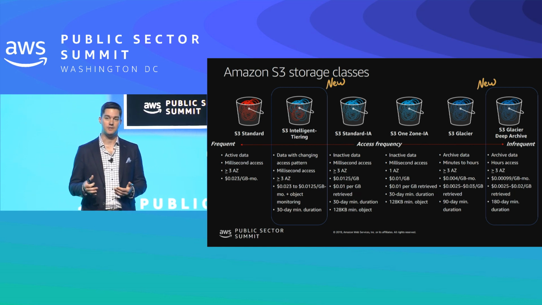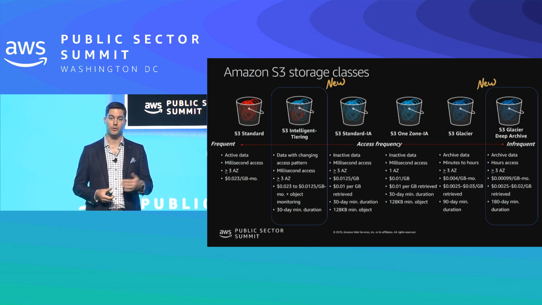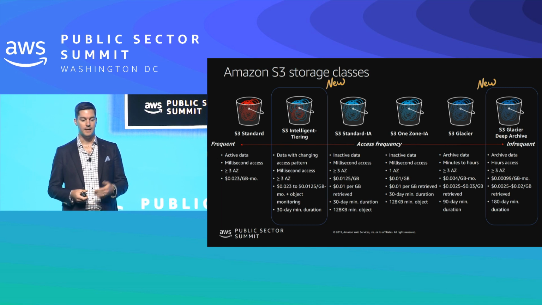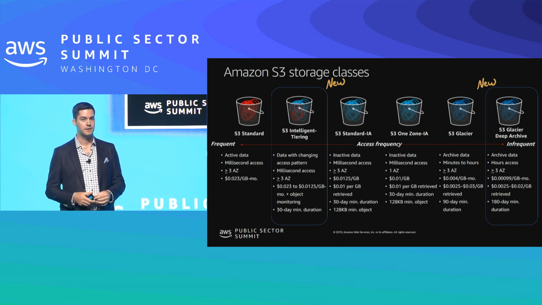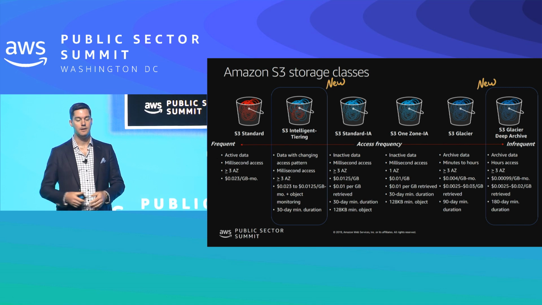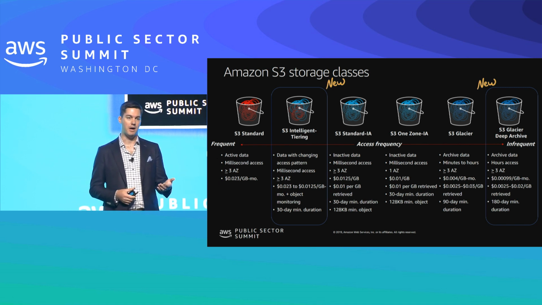The big logical change there is you first do a restore before you're able to get the objects. And with Glacier, we offer the availability to expedite those restores and have your bytes back within minutes, or to save some money on the restore cost and wait up to 12 hours. With Deep Archive, we wanted to double down on that model.